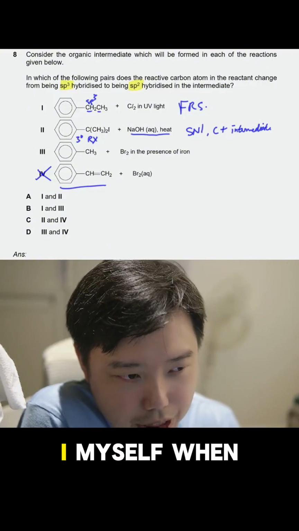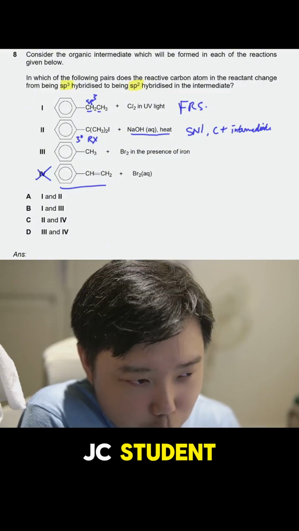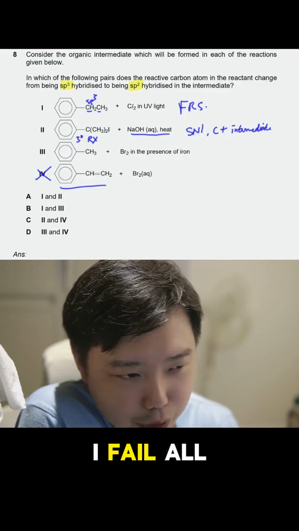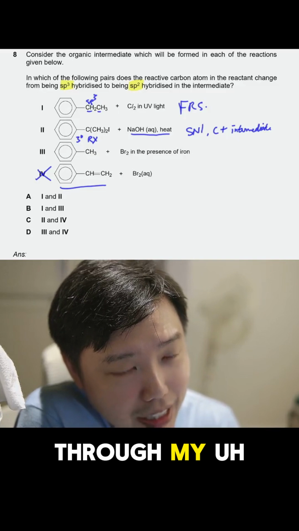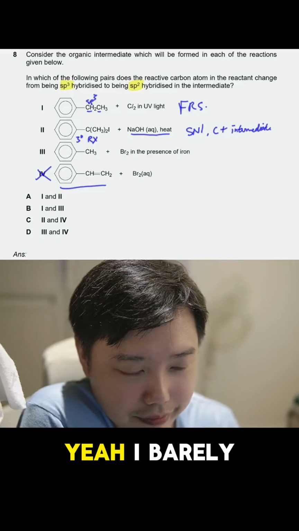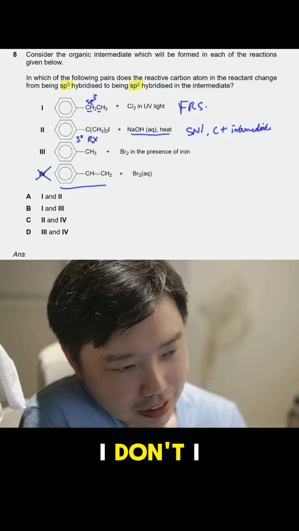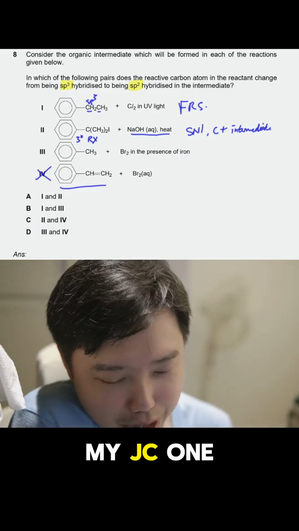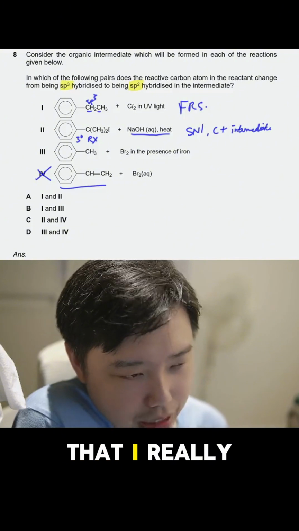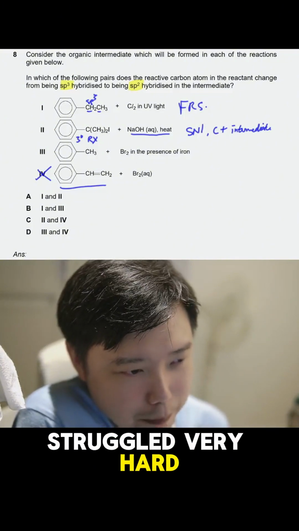I myself, when I was a JC student, in JC1 I failed all the way. I barely scraped through my promos. I don't advertise that, obviously, but it's true that I really struggled very hard.